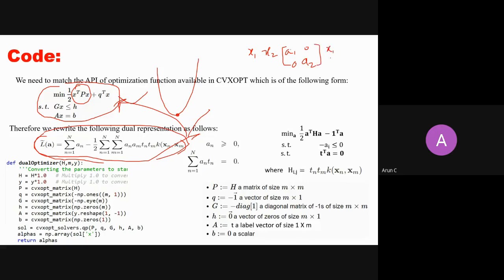What you will get is a1 x1 square plus a2 x2 square. And if you have some b here, then you would get plus 2b x1 x2. Each of the terms is quadratic here, of degree 2. That's why I'm saying it's a quadratic form.